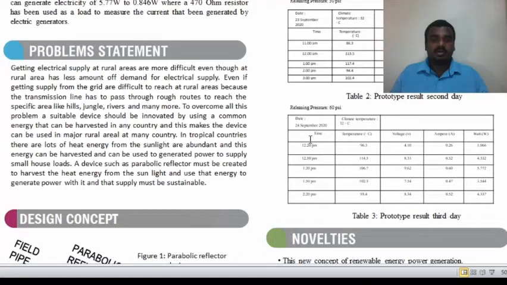This was taken on 24th September 2020, when the climate temperature was 32 degrees Celsius. These are the results we got from this prototype.